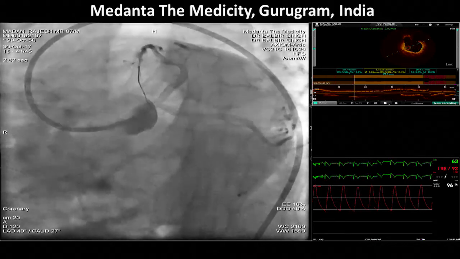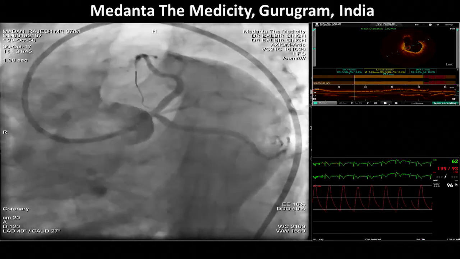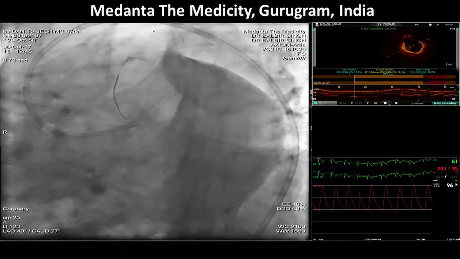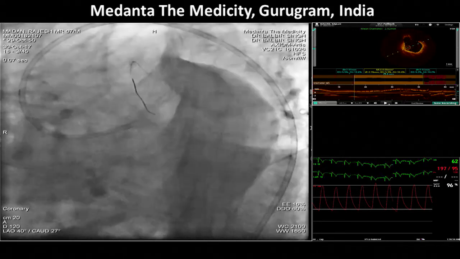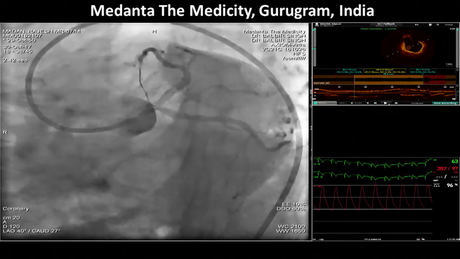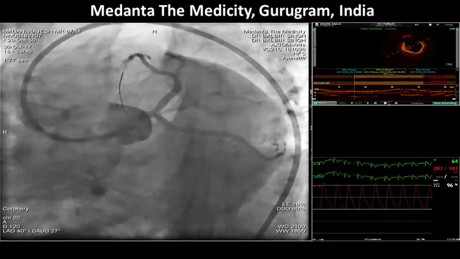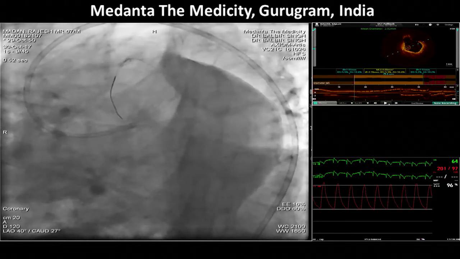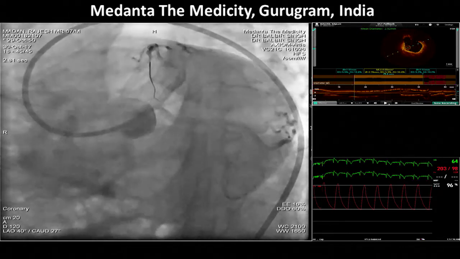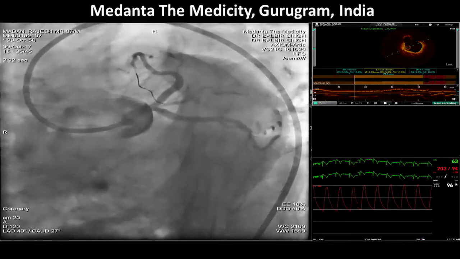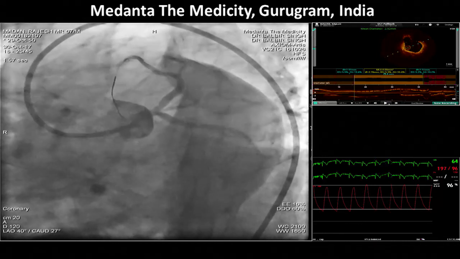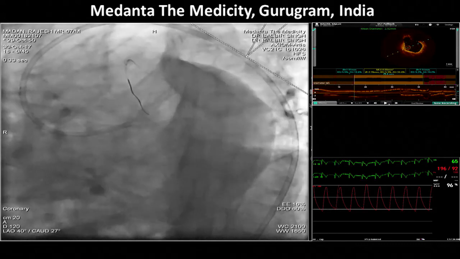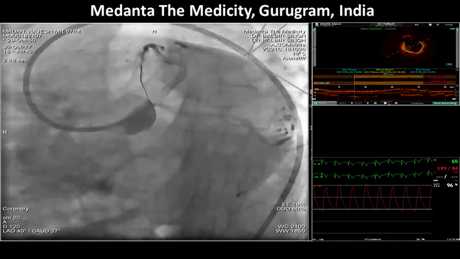So we used FFR to guide our ostial lesion because FFR proved that it was significant. And imaging, we could have chosen an IVUS. For technical reasons, we had to choose an OCT. The calcium helped us choose a scoring balloon. The MLA at the ostium is 6. I hope I can make it 7. And I went with a one stent strategy, which I think is the right thing because we had seen the circ ostium on OCT. So that's what I would summarize this case to be.